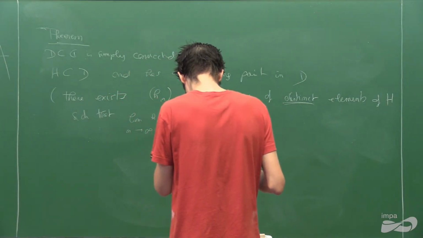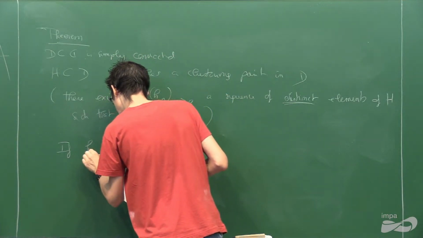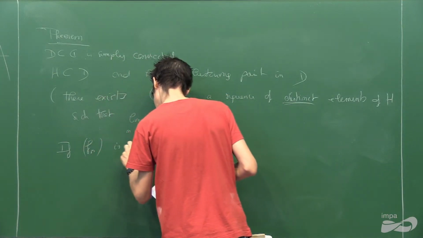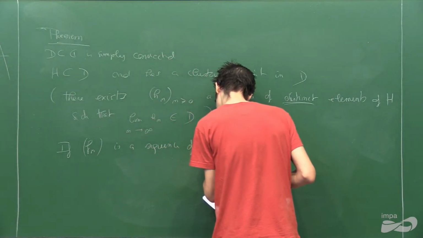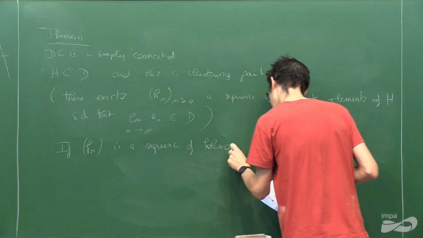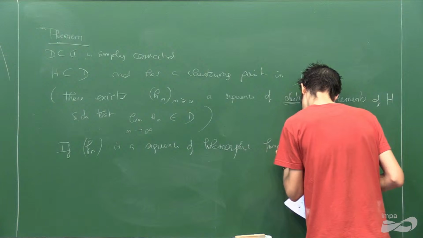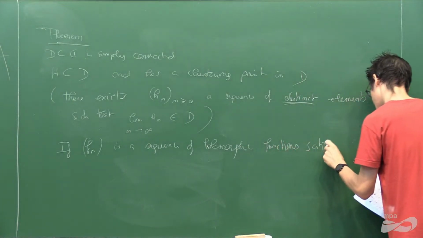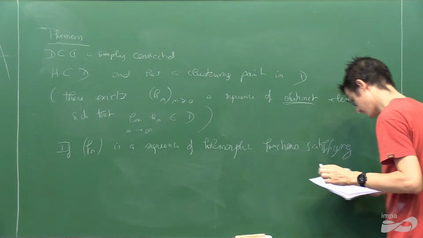So, what's the theorem? If F_n is a sequence of holomorphic functions satisfying two things.